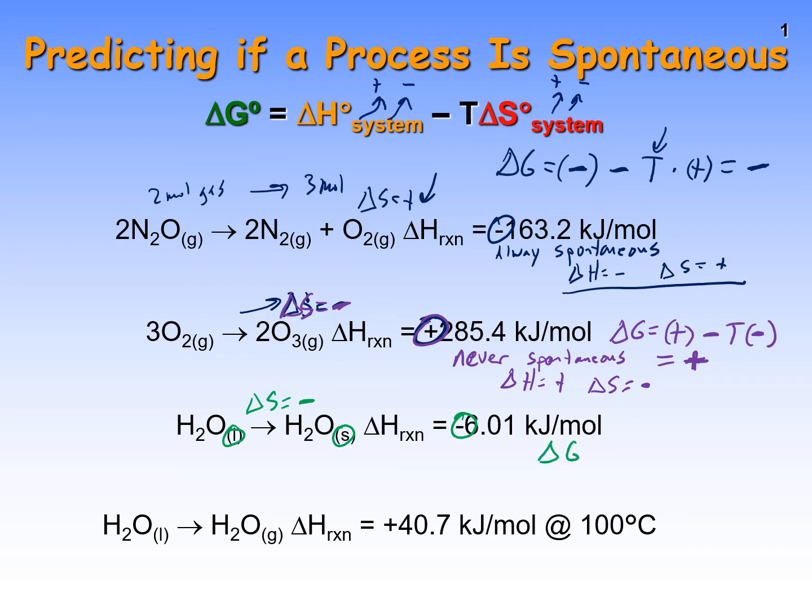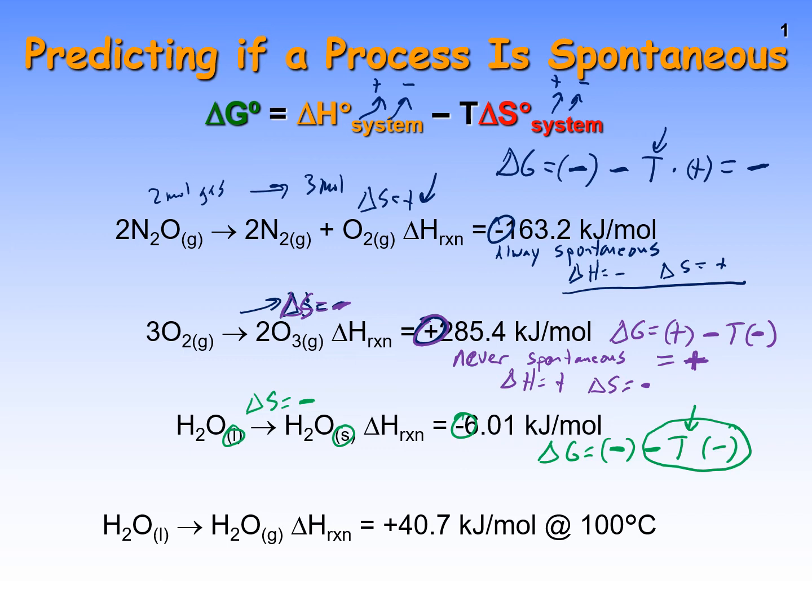This means that temperature is going to matter here now because we have a negative delta H minus T times a negative delta S. This whole term becomes positive because a negative times a negative is a positive, which means that the larger this value gets, the more likely delta G will end up being positive. The lower the temperature is, the more likely our delta G is going to be negative.